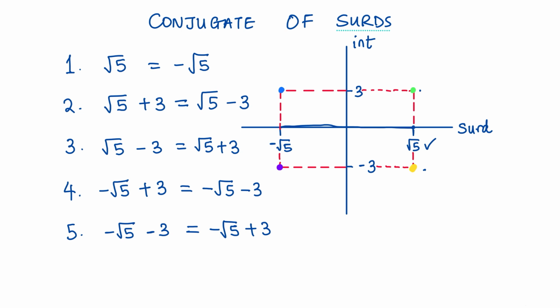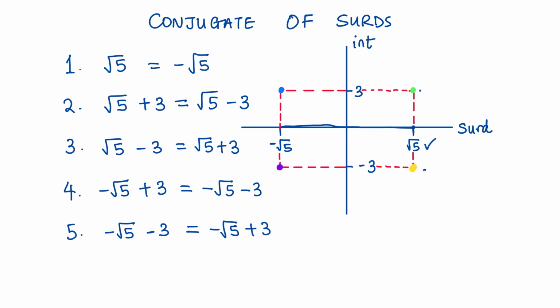We could stop here, but I want to make something clear. Generally, when we're dealing with conjugates of surds, it's in order to rationalize the denominators. And in the general context, the rule is that you keep the first term as it is, and then you change the sign of the second term.